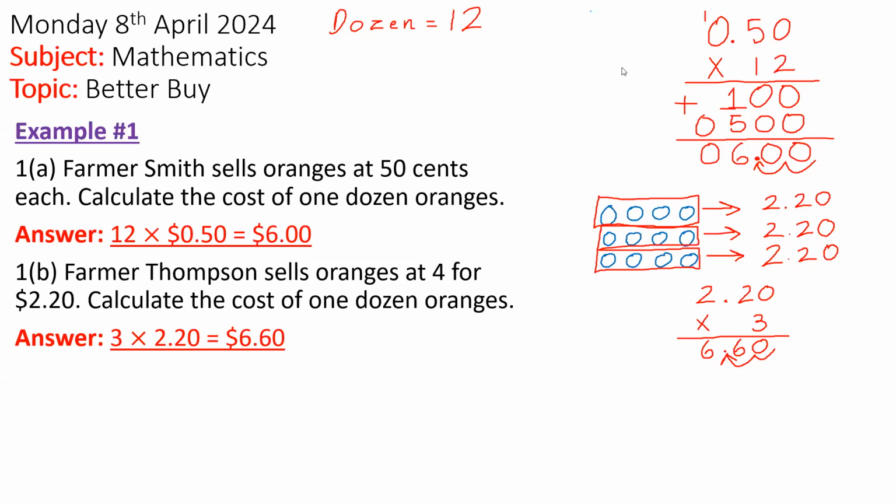So we multiplied 50 cents by 12, which equals $6. And for B, 4 times 3 is 12, and Farmer Thompson sells oranges at 4 for $2.20. Since 4 times 3 is 12, we multiply 2.20 by 3 and it gives us 6.60. Very good. Thank you for the explanation.